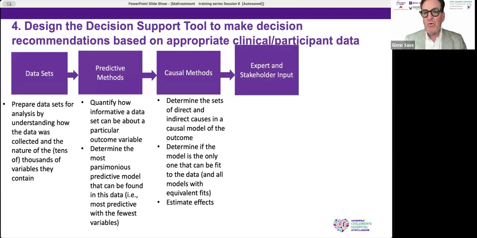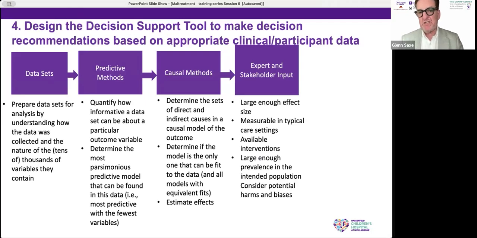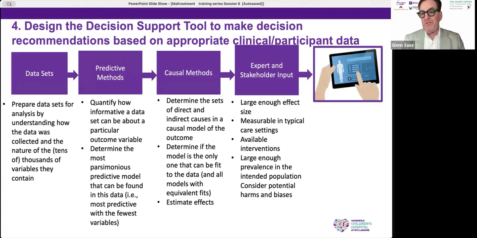And then stakeholder and expert input on such things as you look at your models. Are there large enough effect sizes? Are they measurable? Are there available interventions? Large enough prevalence in the population? So all of this has to be thought about and then programmed into a tool.